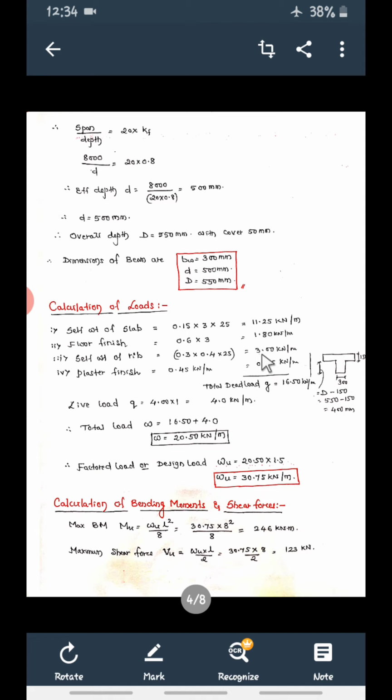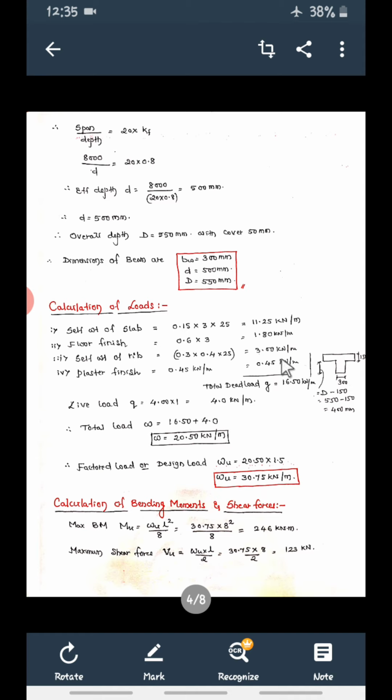This gives 3. Even plaster is going to be applied for this. Plastering will be done. So that plaster finish also you have to consider, 0.45 to 0.5. So 0.45 kilonewton per meter. So add all this. This is the total dead load, that is dead load of the slab plus floor finish, then dead load of this rib and plaster.